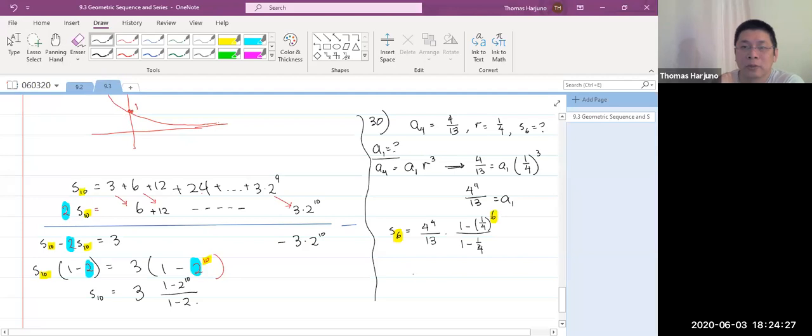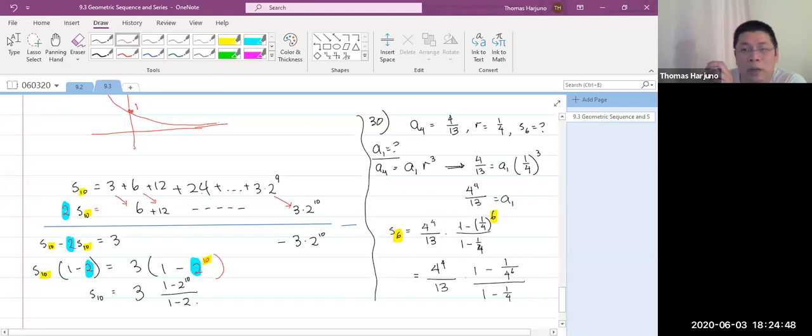Okay, so I get 4 to the 4 over 13 times 1 minus 1 over 4 to the 6 over 1 minus 1/4. Let me cut to the chase.